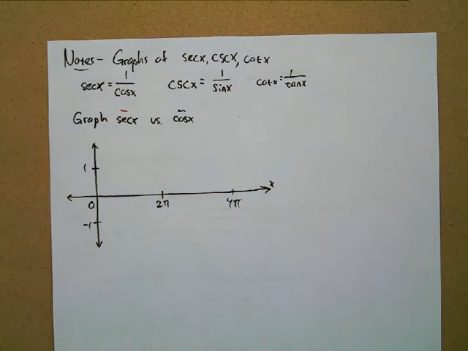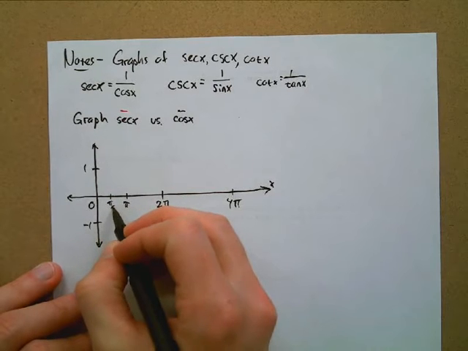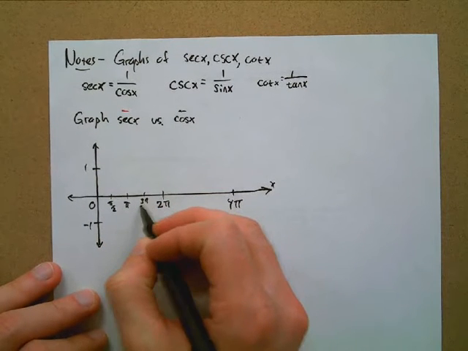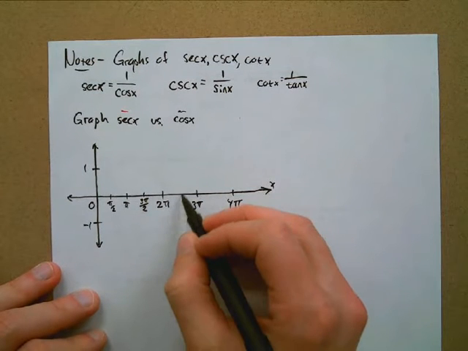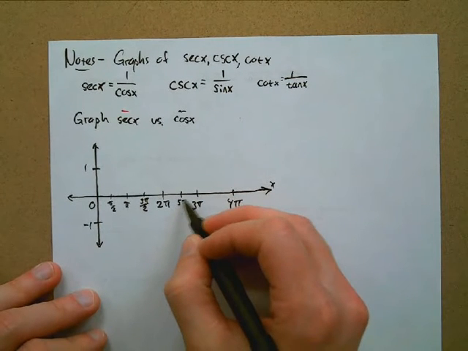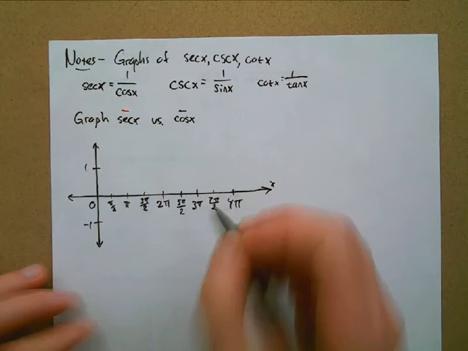We find the halfway point, pi, and the quarter point, pi over 2, then 3 pi over 2, 3 pi, 5 pi over 2, and 7 pi over 2. So that's a full period.